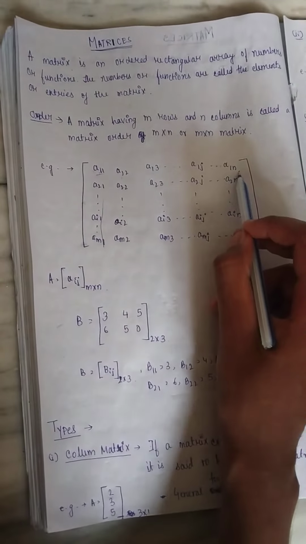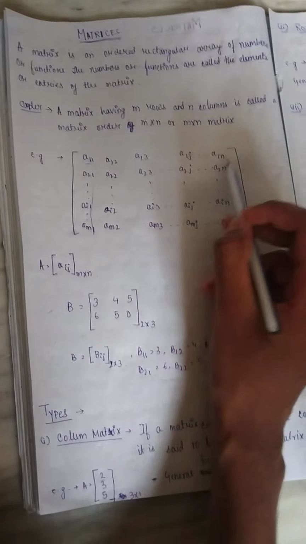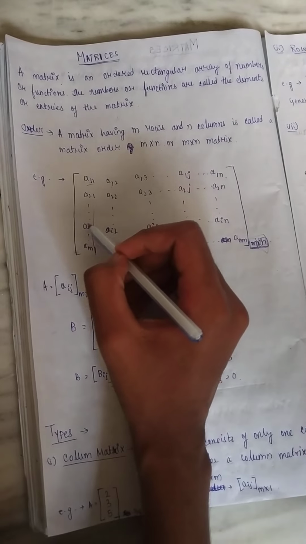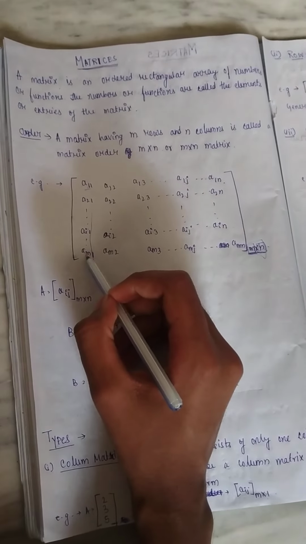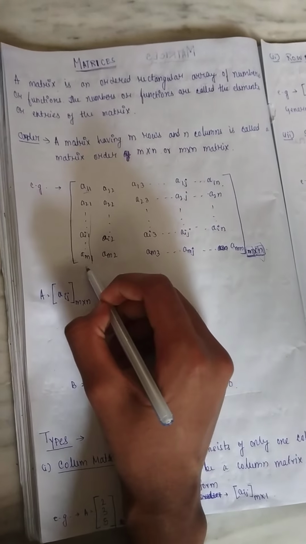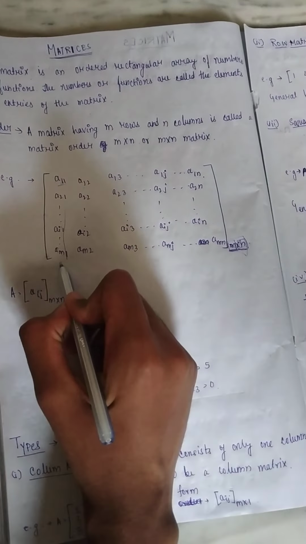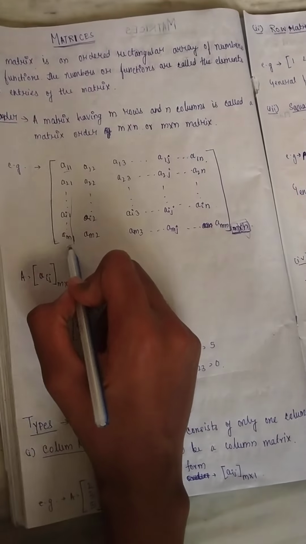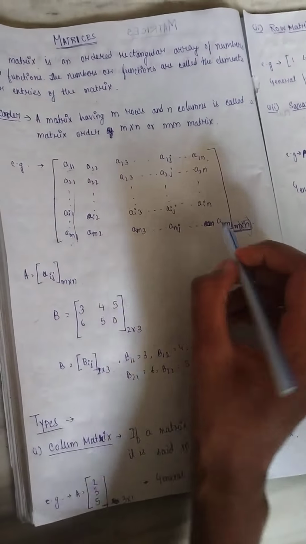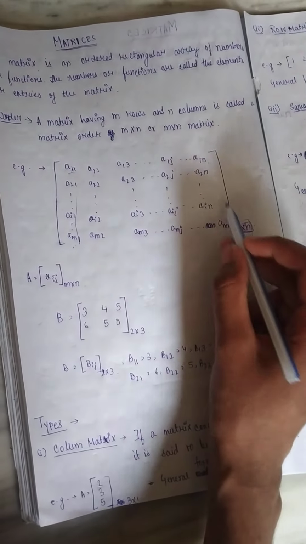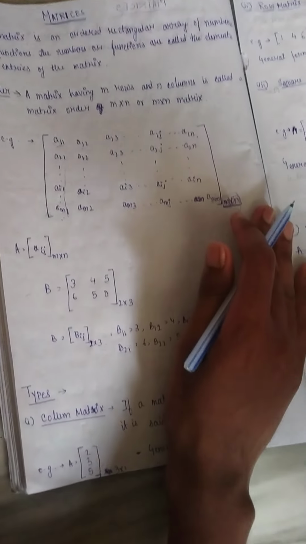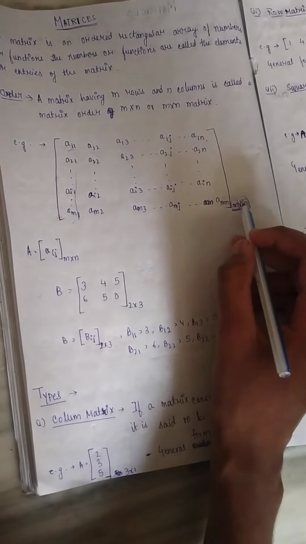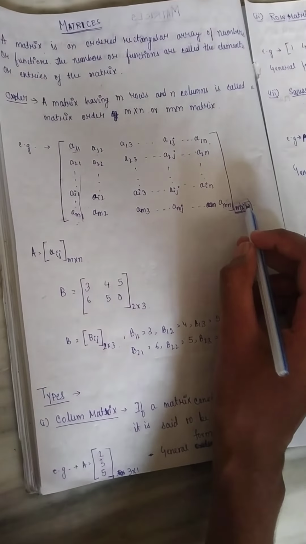Then A1n is the first row and nth column, and up to the mth row. Am1 is the element of the mth row and first column, all the way to Amn, the mth row and nth column, as in the order m by n, meaning m rows and n columns.